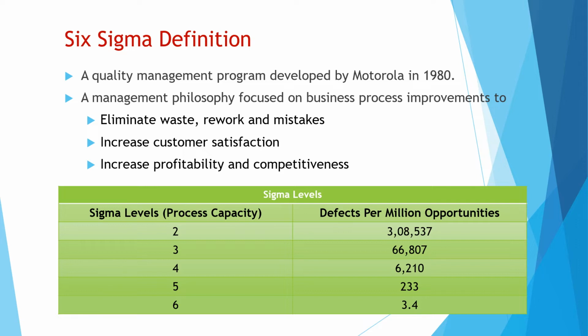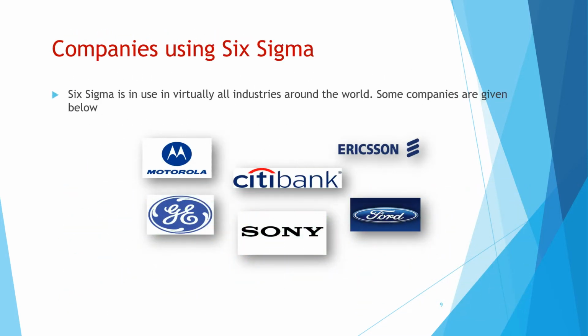At the last level, level 6, it is around 3.4 defects per million opportunities. Some of the companies that use Six Sigma are Motorola, GE, Citibank, Ericsson, Sony, Ford, etc.